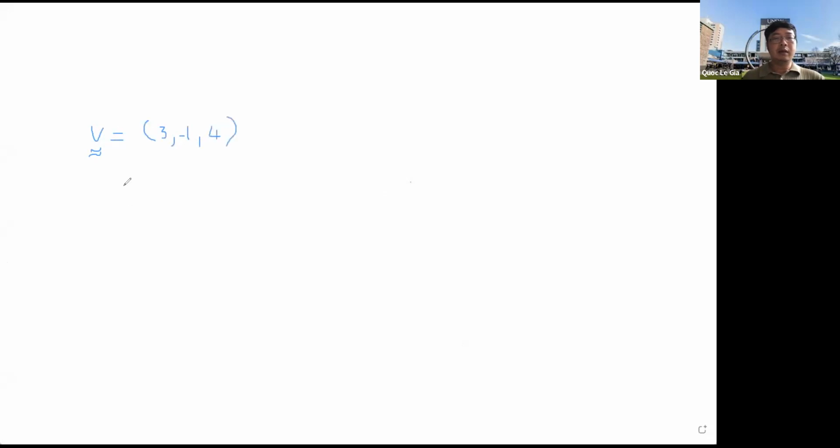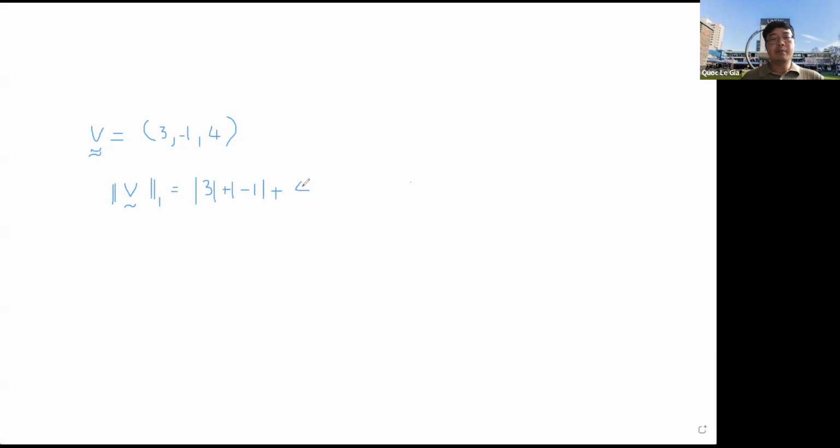Then if I take the one norm, it just equals the absolute value of 3 plus the absolute value of -1 plus the absolute value of 4.